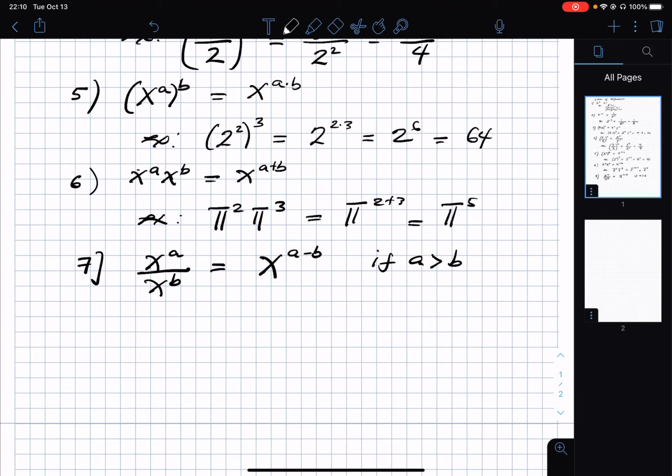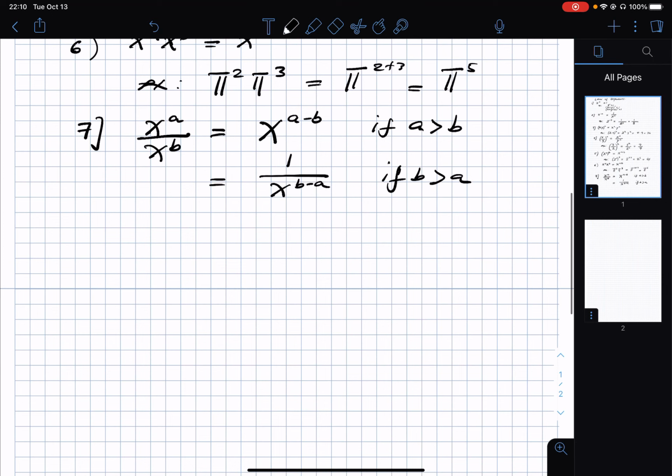Now if b is greater than a, your answer will be 1 over x raised to b minus a. Okay, so for clarity, let's give an example. Say you have a cubed over a squared. So this will be a raised to 3 minus 2. That is a raised to 1.